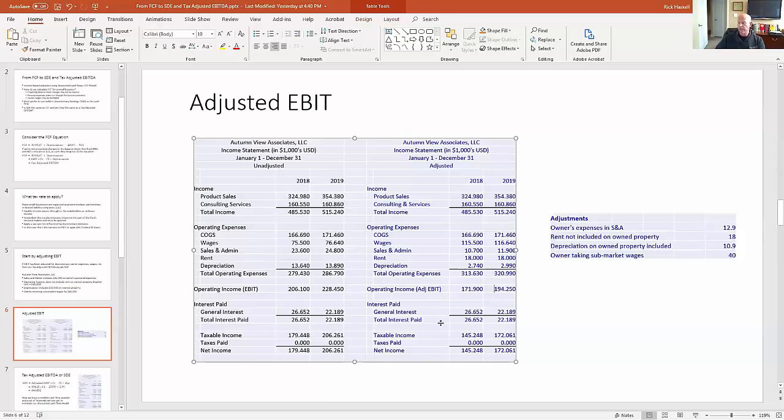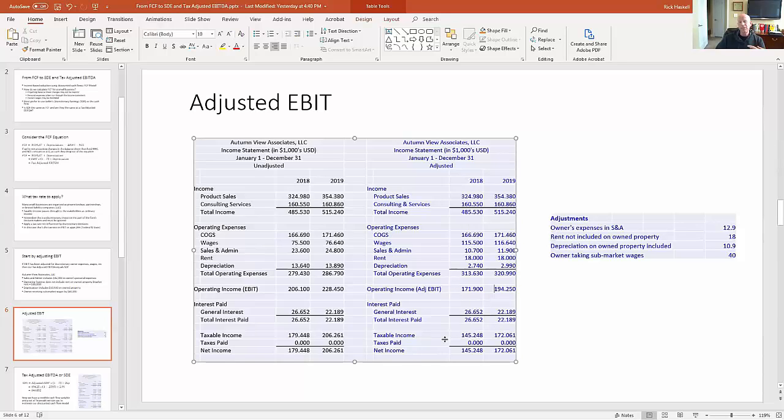Well, we go on then to continue with interest paid and taxable income and such, but interest paid, we haven't made any adjustments, of course, because it's not relevant to our SDE consideration. Taxable income, we've come down, and I'm showing here that we've got some pretty meaningful differences because of the adjustments made in EBIT.